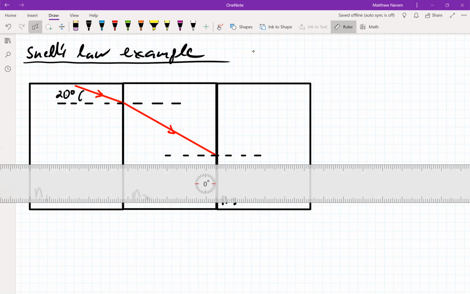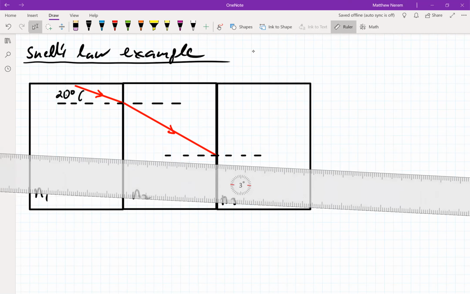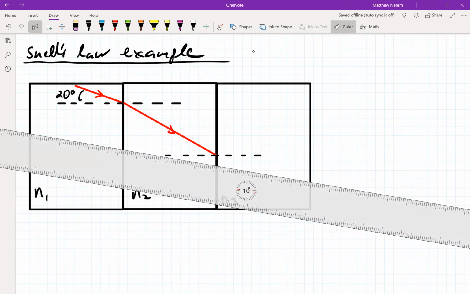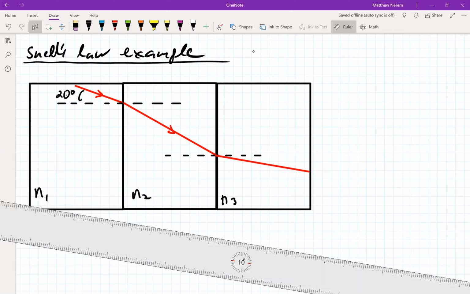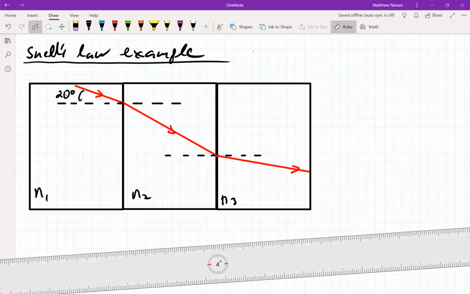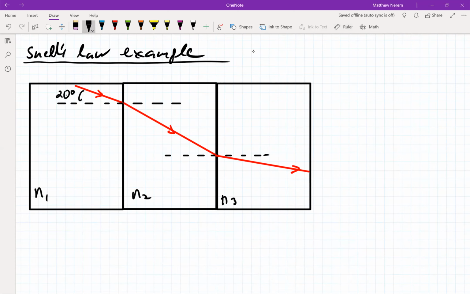And then it'll refract again, but this time the refraction angle is going to be 10 degrees. Get rid of the ruler for now. So that was 10 degrees. This one was 30 degrees. All right. Question. Which material has the highest index of refraction?